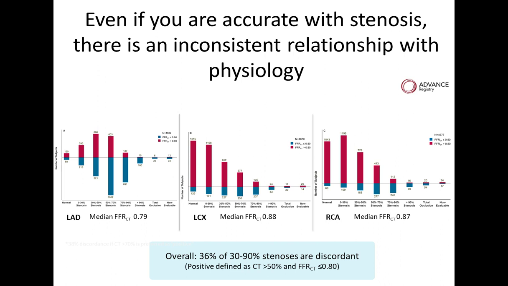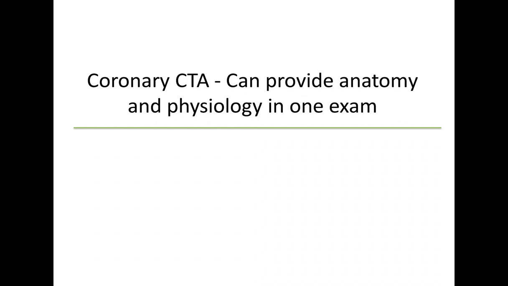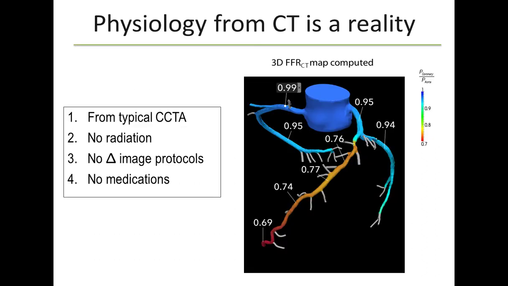And to that end, with the adoption of non-invasive physiology from FFR-CT, we can finally complete the evaluation of not only anatomy, but anatomy and physiology to guide decisions around revascularization, which is the final question that needs to be answered that historically couldn't be answered by CT alone.